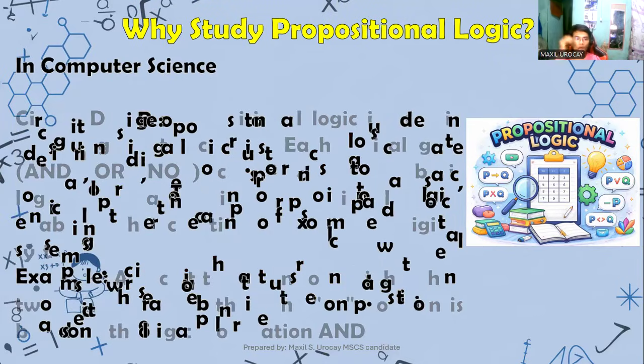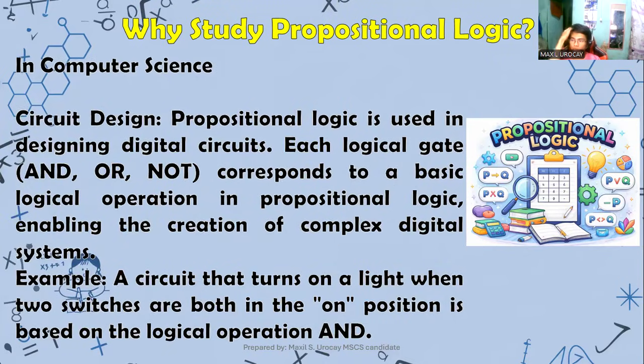Now, in terms of circuit design, propositional logic is used in designing digital circuits. Each logical gate, and, or, not, corresponds to basic logical operations in propositional logic, enabling the creation of complex digital systems. Like, for example, a circuit that turns on a light when two switches are both in the on position is based on the logical operations.